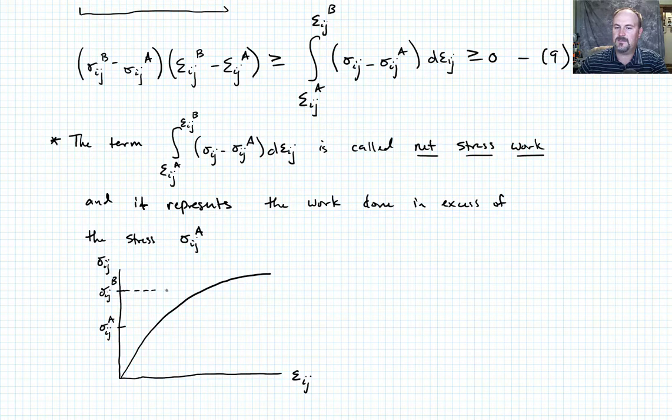If that's the case, where it intersects our constitutive law, this must be epsilon ij b, and then we can do the same with a. And this is epsilon ij a. So what the net stress work is, is the area under that curve. So this is the net stress work.